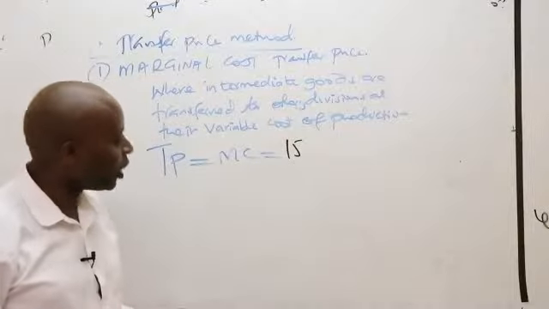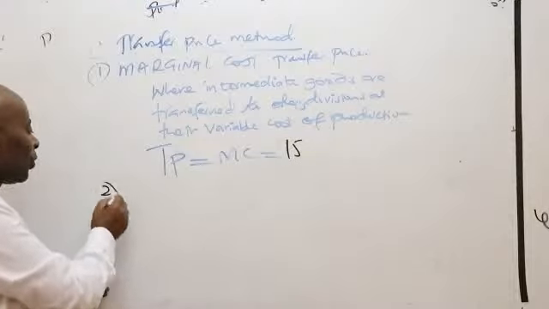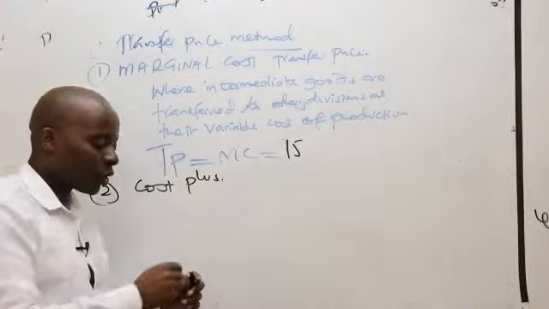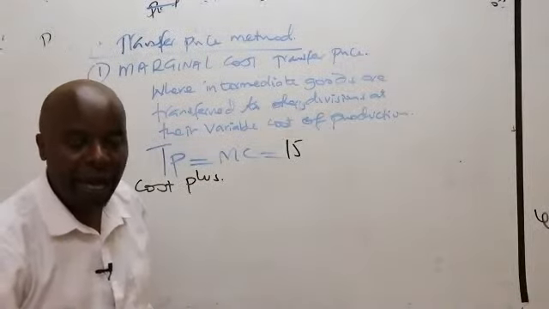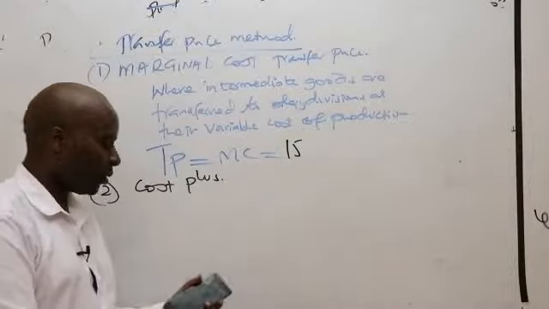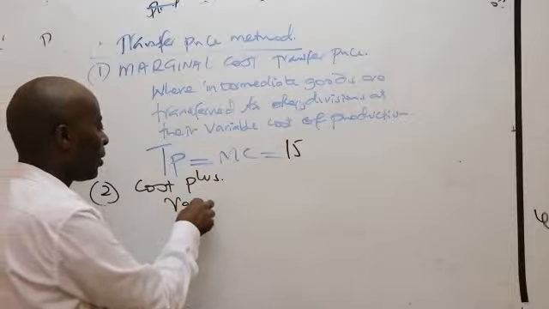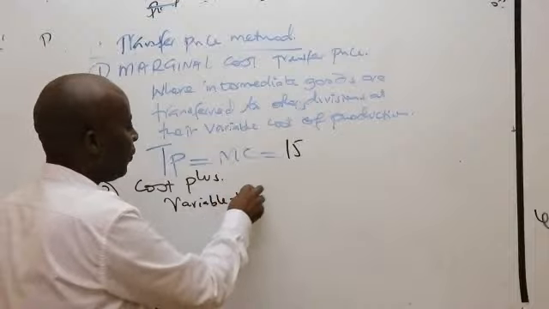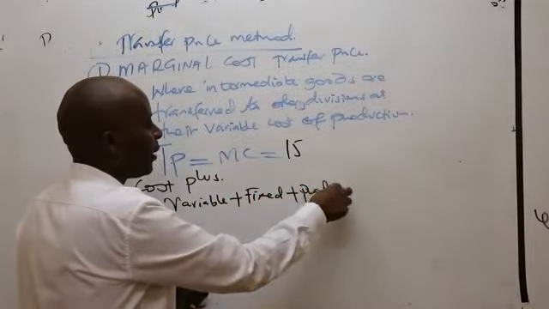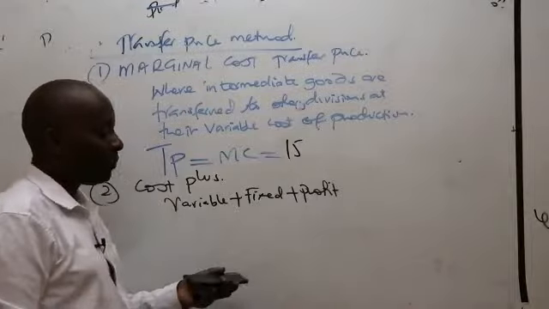Now we go to the second method, which is called cost plus. For cost plus, of course, now you'll be taking variable plus fixed plus profit.